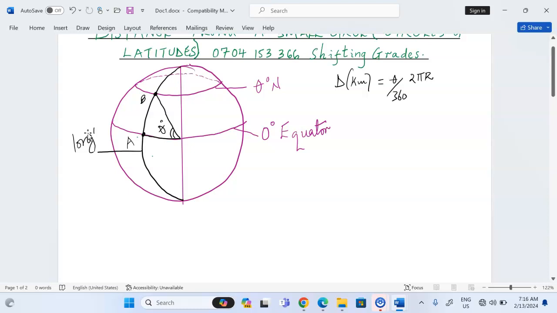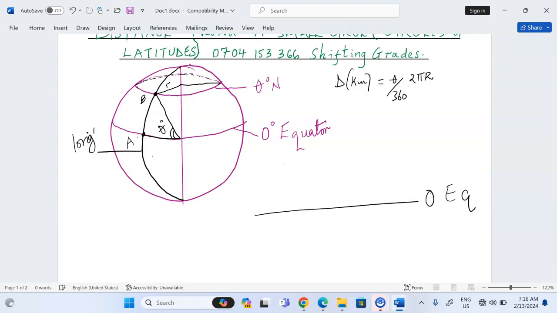Now we are talking across a parallel of latitude, where the radius for this particular circle has reduced to a certain value here. Now the radius is here, a smaller radius. And how do we calculate it? So what I'll do is this. I will say this is my 0 degrees equator.